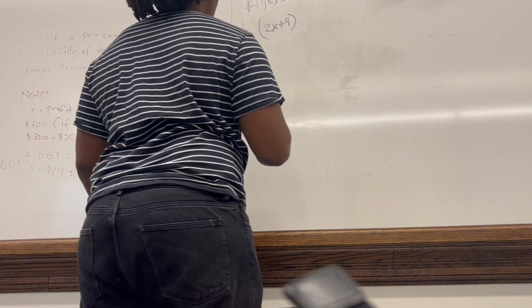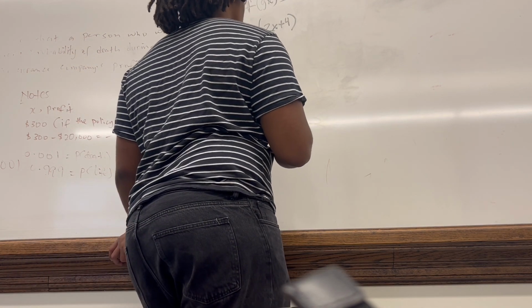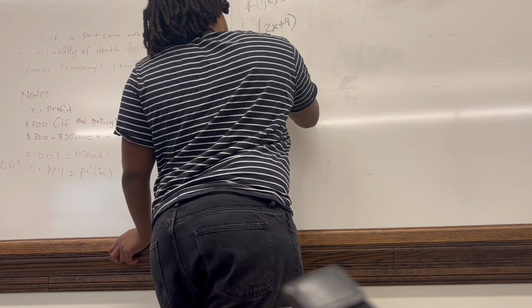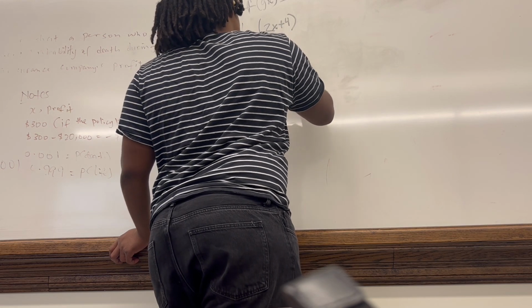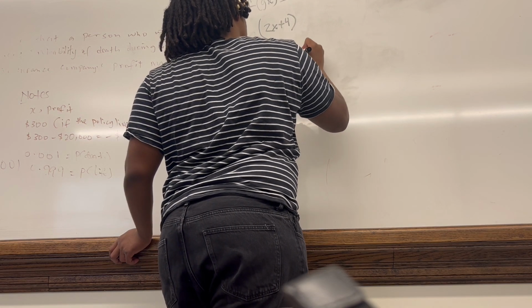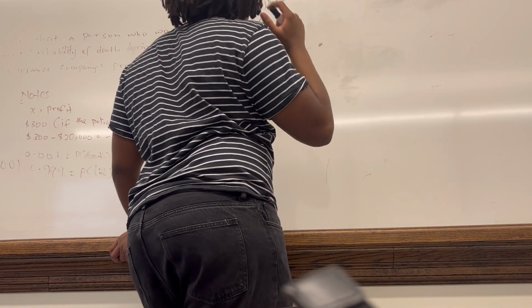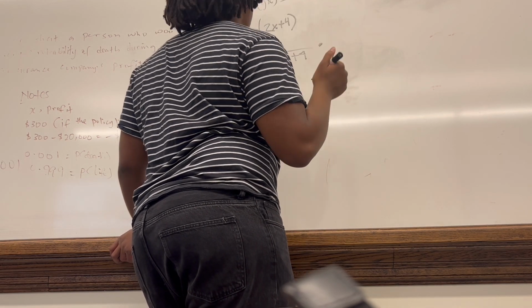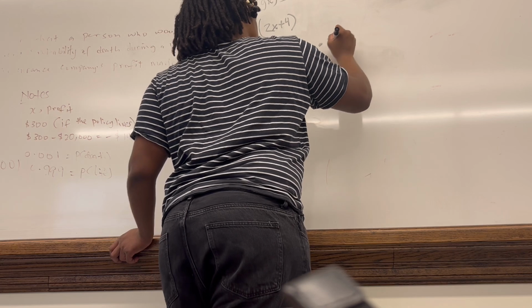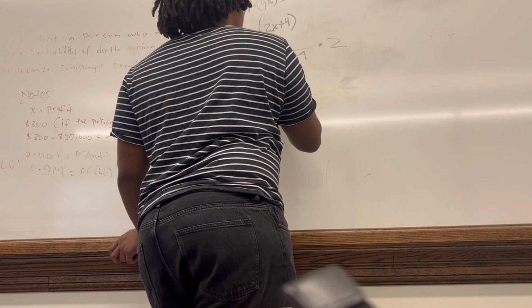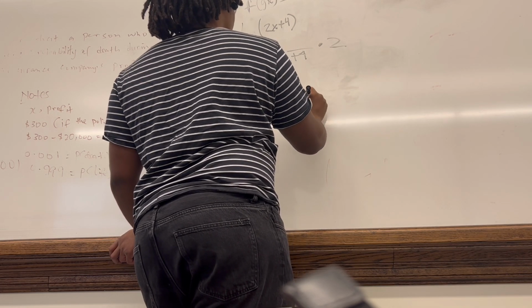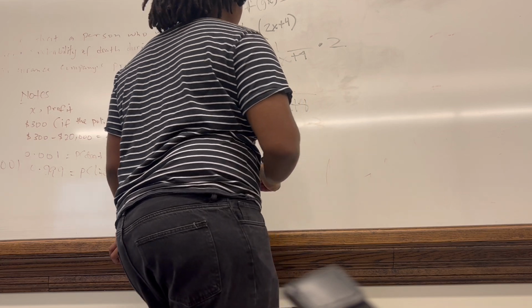Again, same thing, 1 over u. It would become 1 over 2x plus 4, multiplied by the derivative of the inside, which is just 2. So it would be 2 over 2x plus 4. And you can leave it like that.